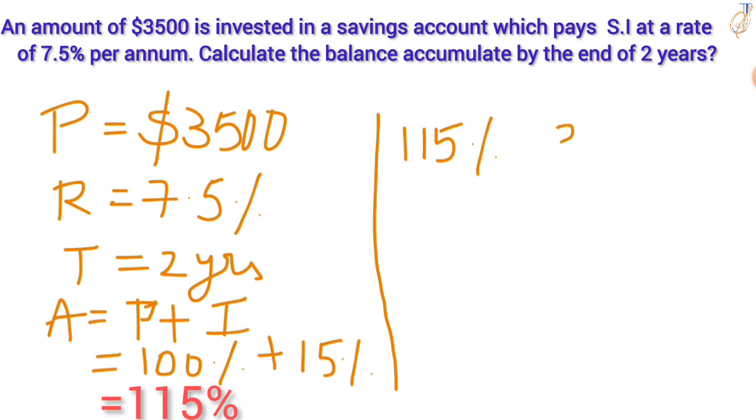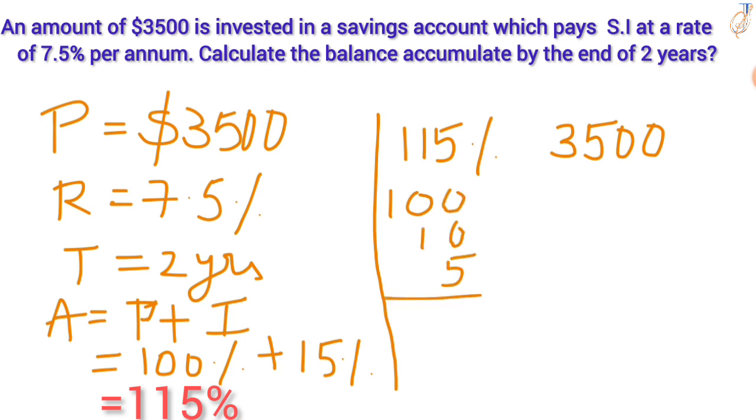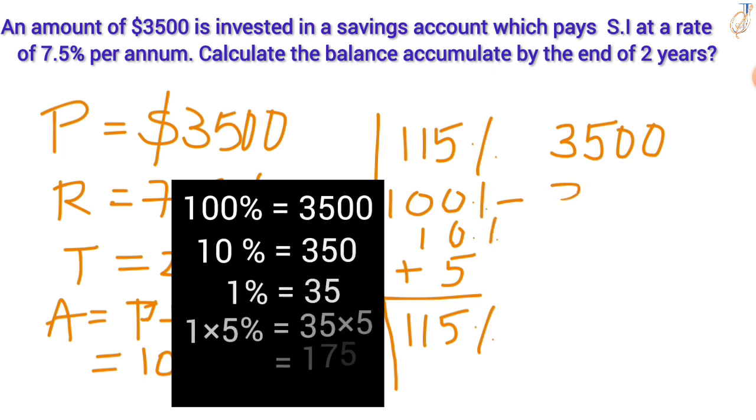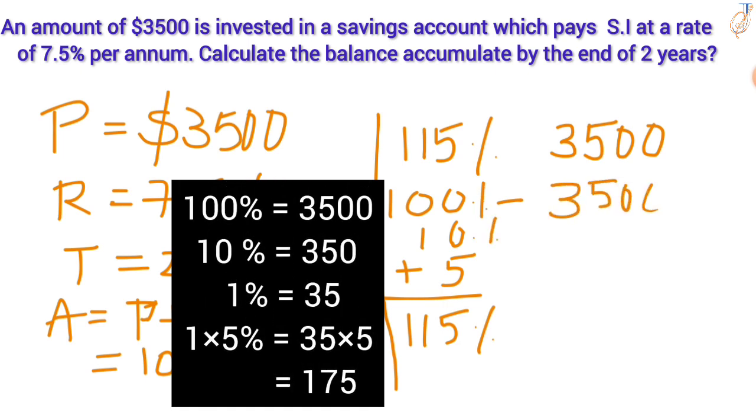So just simply find out 115% of 3,500. This 115 you can split as 100, 10, then 5. After adding you will get the 115% value. What is 100% of 3,500? Which is 3,500. What is 10%? 350. What is 1%? 35.